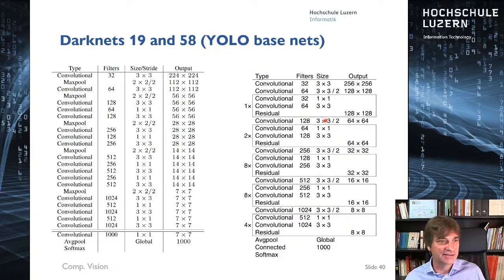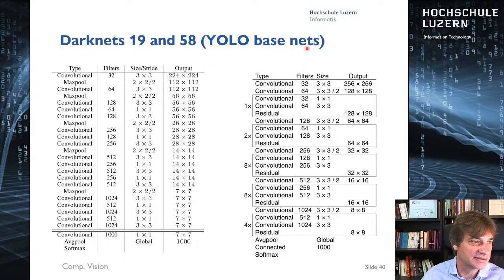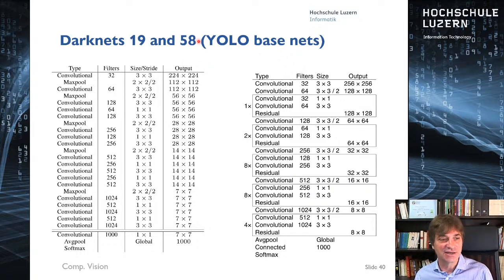Okay, and this other network, the deeper one, which has just 58 layers, but which has a similar approach, except that it uses the trick of residual connections between the layers. These are those shortcuts that make it easier to learn than the correct function.